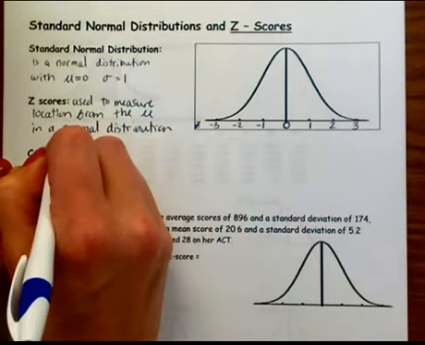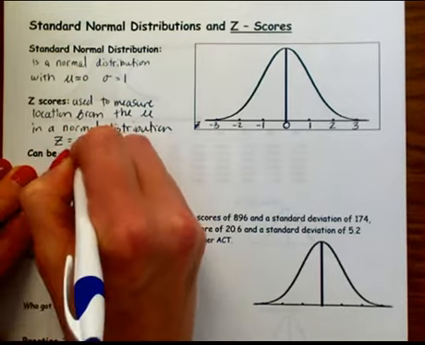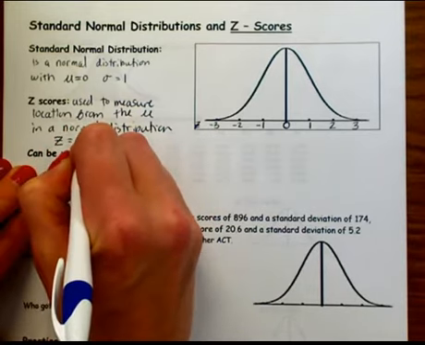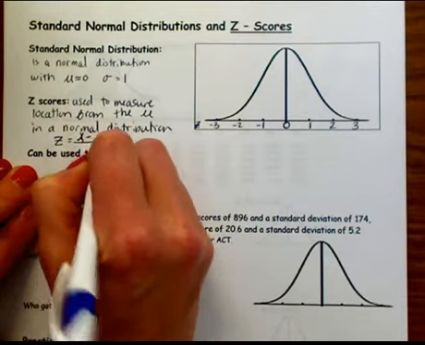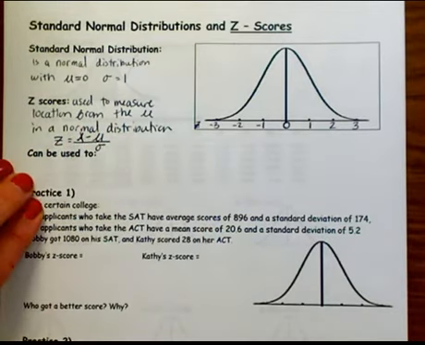Just a reminder, your Z-score formula is data minus mean over standard deviation.